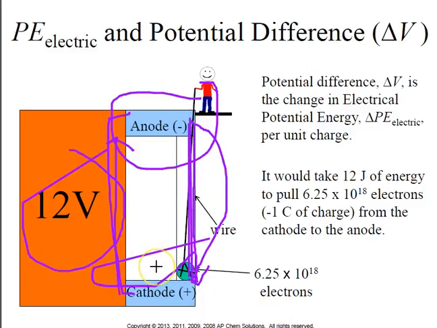However, if you want to recharge your battery, if you have a rechargeable battery, you're going to hook that up to the wall, and you're going to use the voltage from the wall to move those electrons back up. Once they're back up there, they can flow back down, and then back up and back down and back up, depending on if you're recharging your battery or not. Okay? Does that make sense?